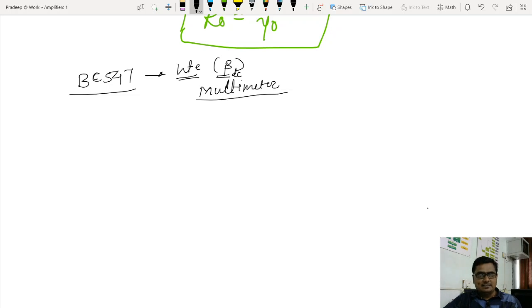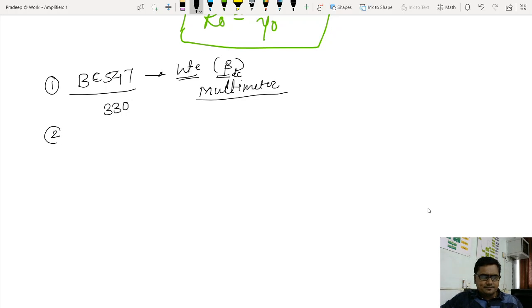The transistor that I have taken is BC547. If I take this transistor BC547, its HFE is showing 330. For example, I checked and it shows a value of 330.